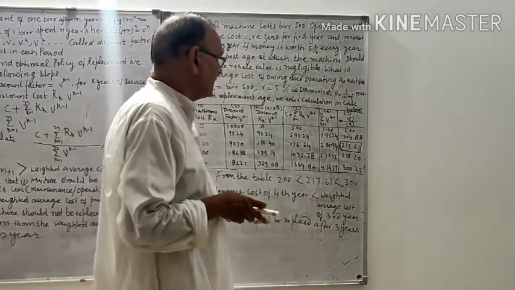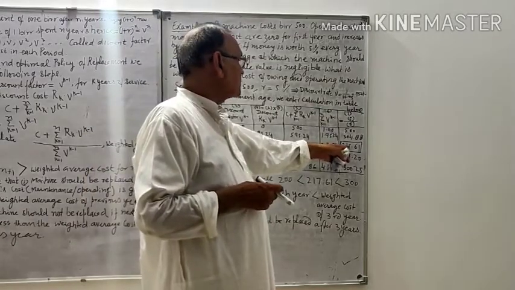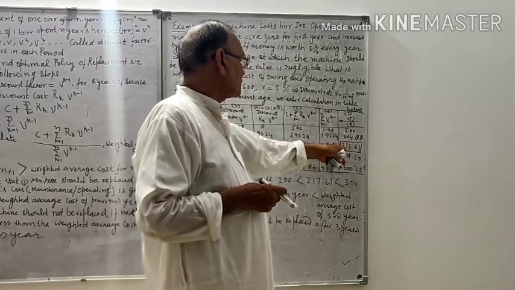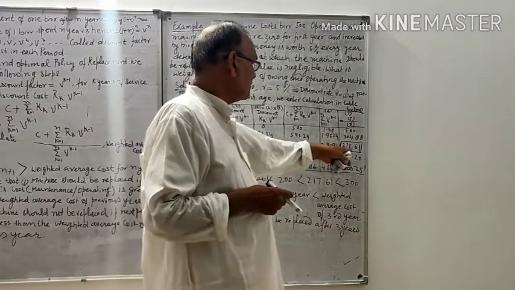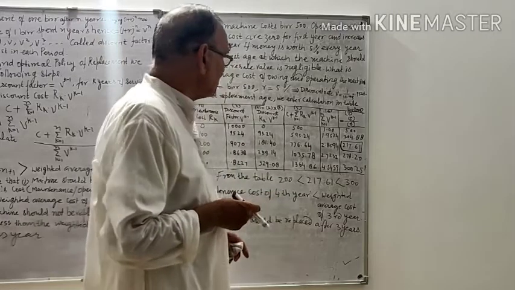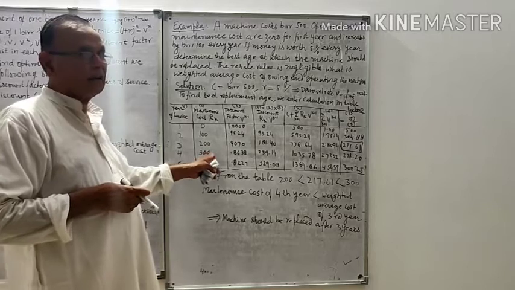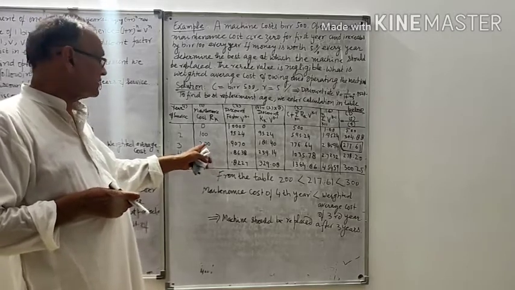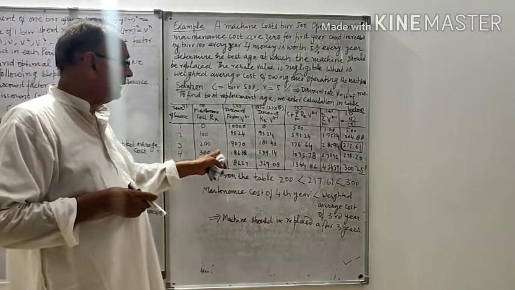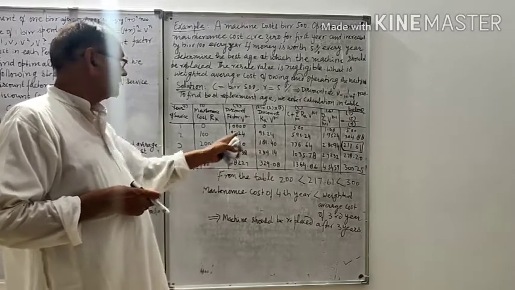Or we can say here this total weighted average cost is 217.61 for the third year. But if we check, the fourth year maintenance cost is 300. So the fourth year maintenance cost is more than the weighted average cost of the third year.